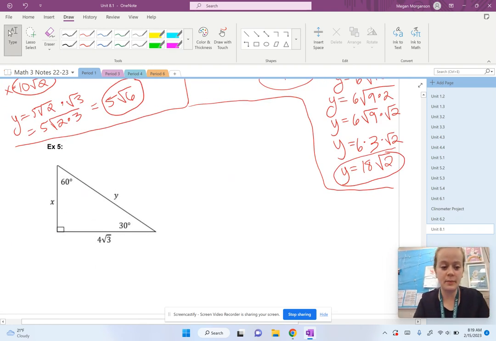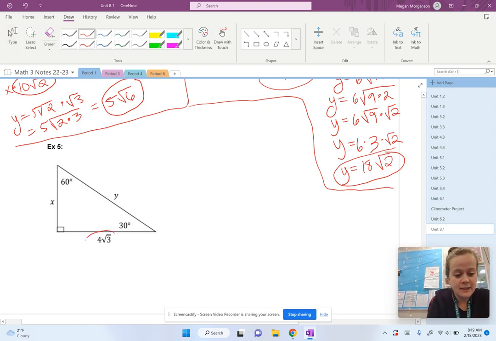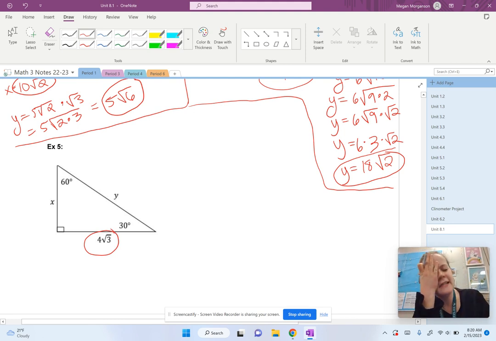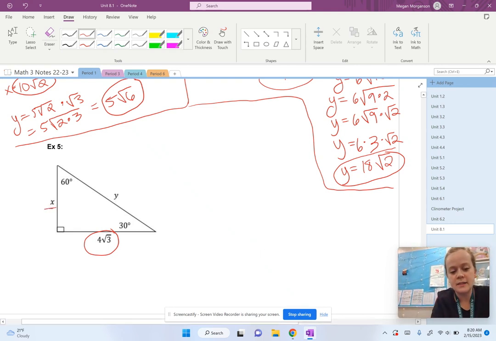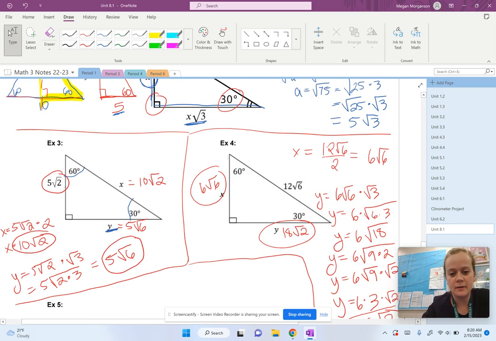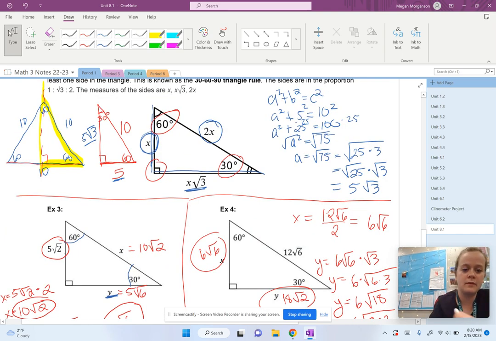Okay, let's do the last example, and then I'll stop talking your ear off. So in this last example, they give you the long side instead of the short side. This one takes a little bit of thinking. So remember, x is the short side. And the long side, so if we scroll up here, I wrote all over this, huh?